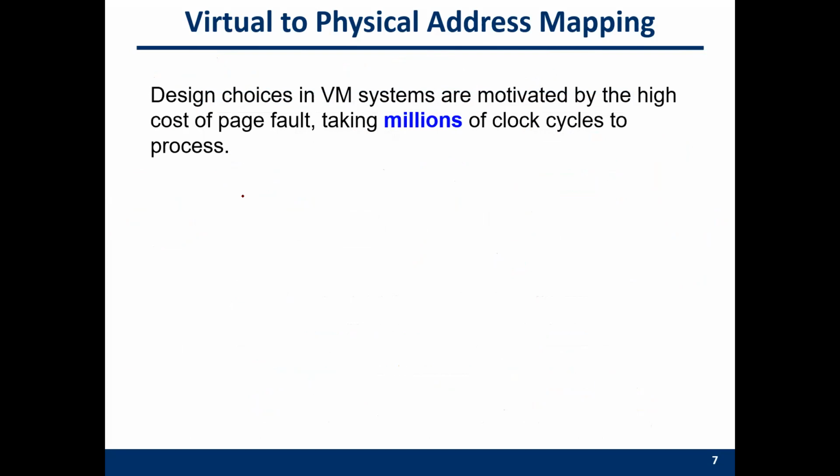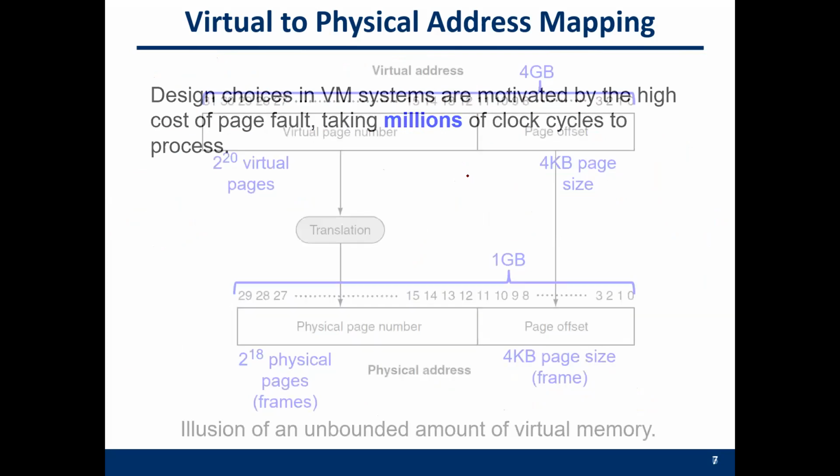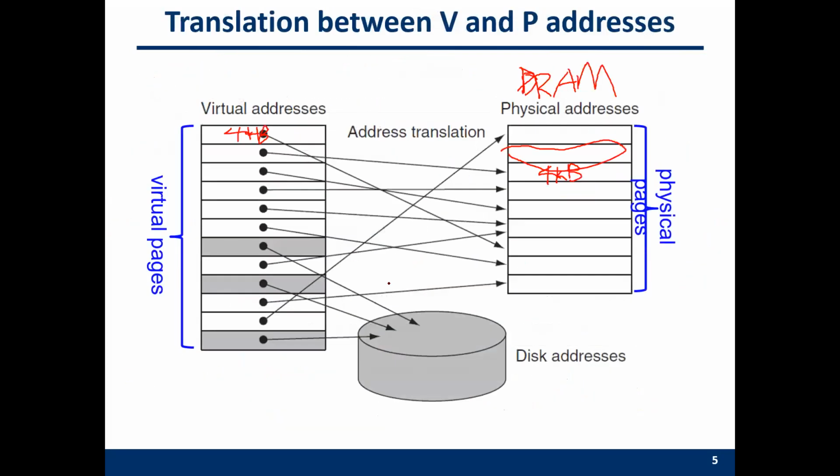In order to handle a page fault, you need to pay millions of cycles. So once you have a page fault, it's very slow. A page fault means that your virtual memory page is actually on the disk.